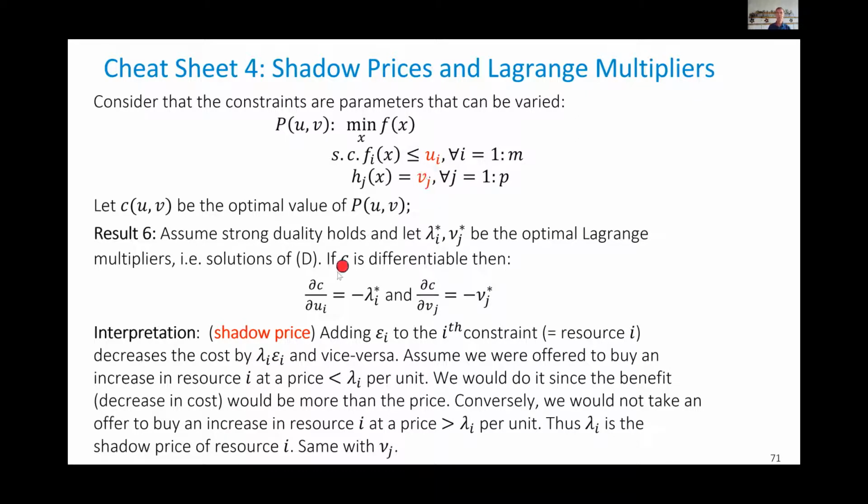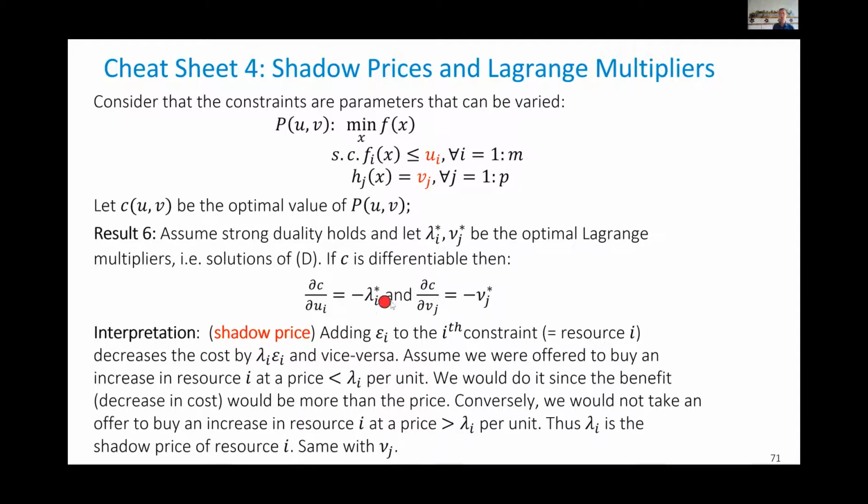And the answer is, if the cost is differentiable, the derivative of the cost with respect to u_i is minus the Lagrange multiplier that corresponds to that. Of course, when I say the Lagrange multiplier that corresponds to it, I have to put it in standard form, which means the standard form will be f_i minus u_i. Similarly, for the other one here, I will have dC over dv, which is minus nu here.